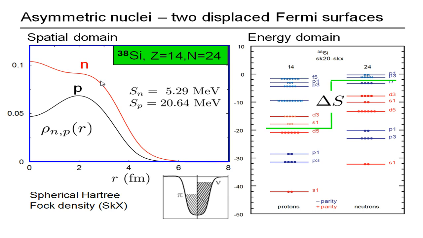Okay, so one thing you might want to use these knockout reactions for is that if you fire silicon-38 at a beryllium-9 target and you look for silicon-37 coming out, you will primarily probe these most weakly bound neutrons near this Fermi surface.